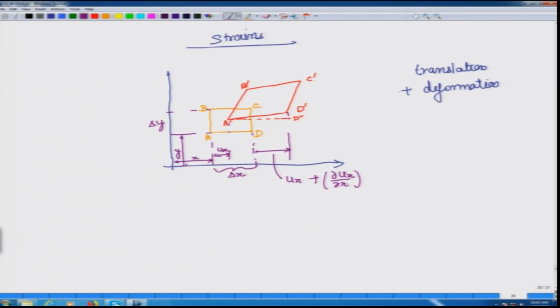This is elongation per unit length, and the total length is delta x, so it is multiplied by delta x. Similarly, if we say that this is y, and A to A prime has moved by u y, now what we are interested in is finding where B has moved to, B double prime. So, this is your B double prime.